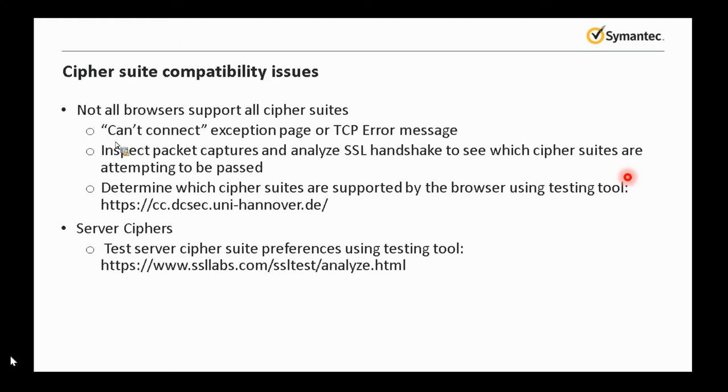We can see this commonly happening if the user is using an older version of the browser, and because of that, the server might require a version or a cipher that the browser does not support, so the connection will fail. That is basically cipher suite compatibility issues. As long as you have an updated browser, you're pretty much safe with cipher issues. The proxy is also updating its own ciphers via the trust package.